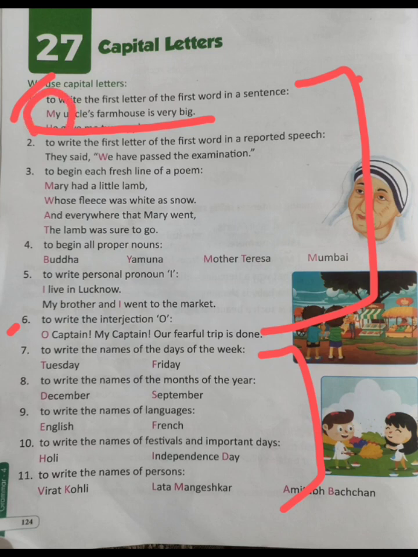As you can see in this example, my uncle's farmhouse is very big. Here, M is capital. Then next, rule number 2, to write the first letter of the first word in a reported speech. Always use a capital letter for the first letter of the first word in a reported speech.